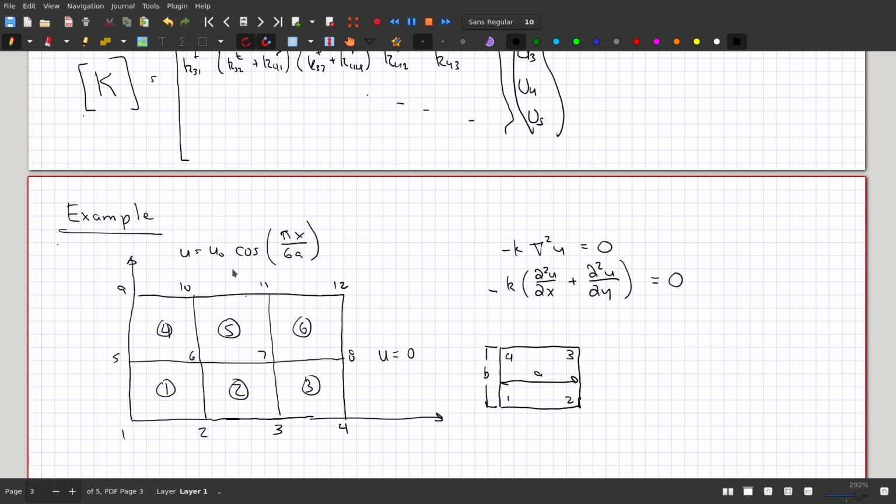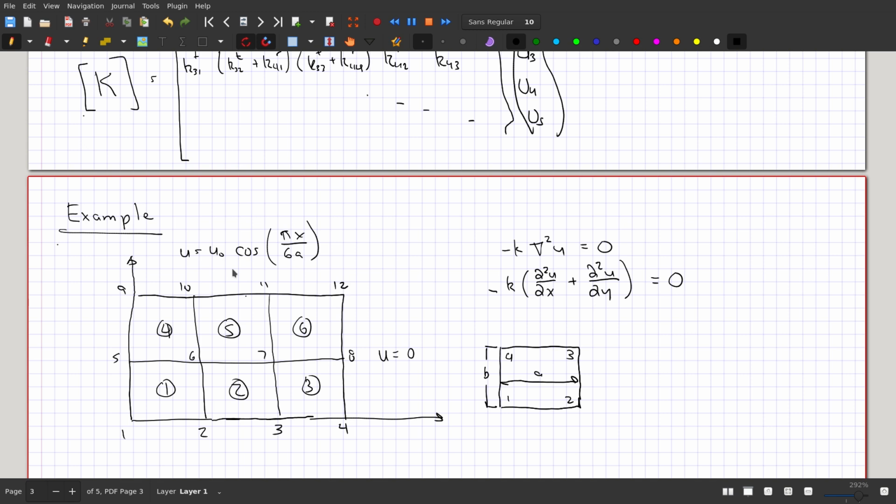But I have this function which is a cosine function, so it's going to be sloped like this, right? But my element shape functions are just linears, right? So I'm not going to be able to capture that slope perfectly with a linear. It'll just be linear, linear, linear. And obviously if I made the elements smaller and smaller, then I could, in a piecewise way, capture that shape.